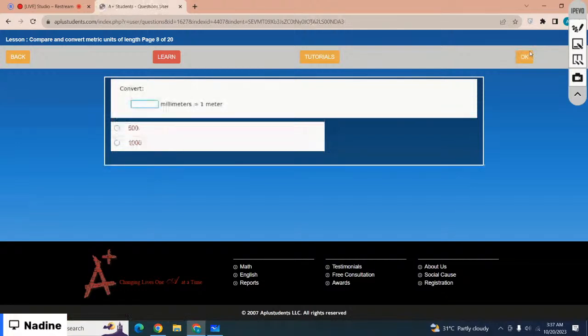Okay, 1 meter equals how many millimeters? 1 meter equals, yes, 1000 millimeters.